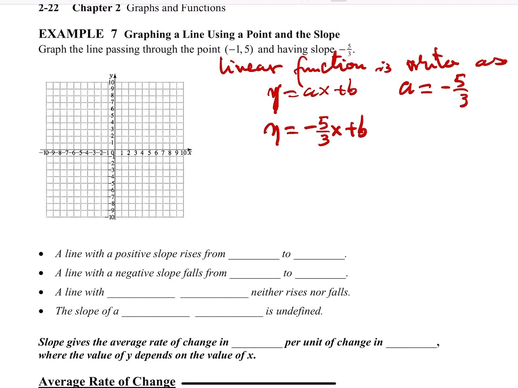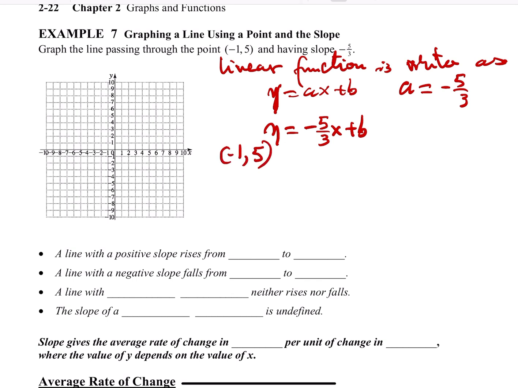I didn't follow the book, but I just want to show you the easy path to reach the answer. You can follow the book if you want, it's fine. But here you have this, and you have a given point, which is negative 1 and 5.